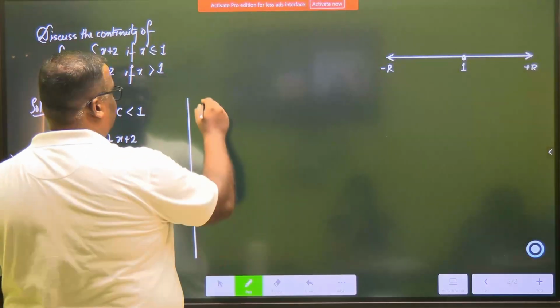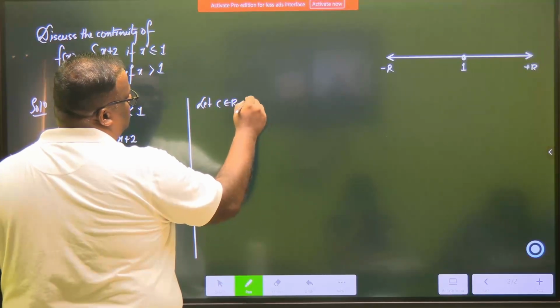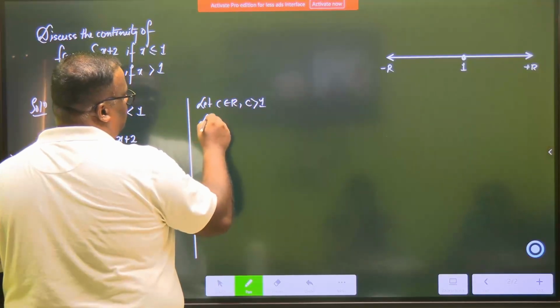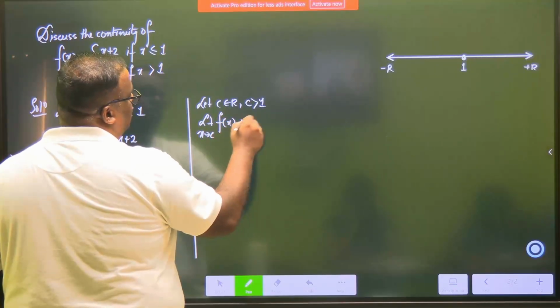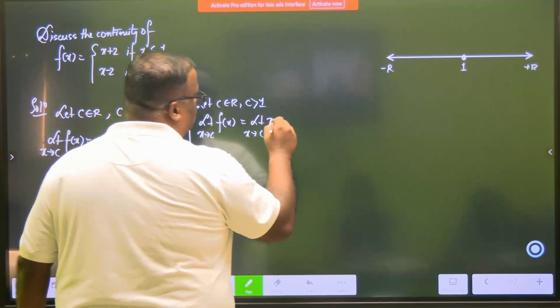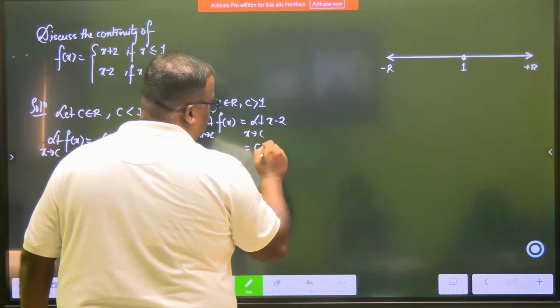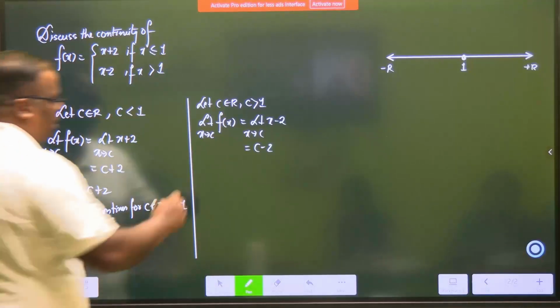So we now write, let c belong to R and c be greater than 1. Limit x tends to c, f of x. Which function will I take this time? I will take x minus 2. So this becomes c minus 2. Agreed? Okay.